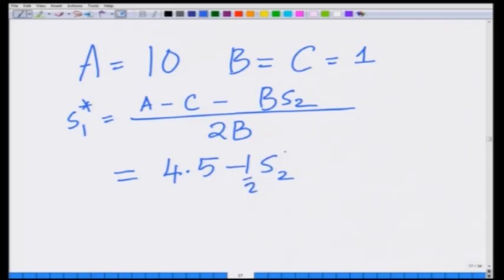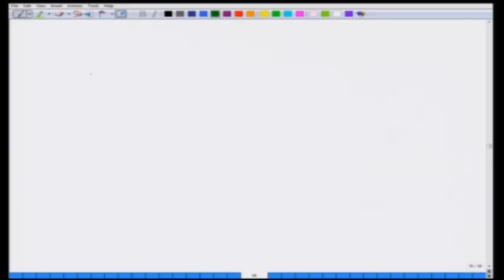So, I can write S1 star equals 4.5 minus half S2, taking these values A equal to 10, B equal to C equal to 1. Similarly, S2 star equals 4.5 minus half S1. Let me try to draw it graphically.